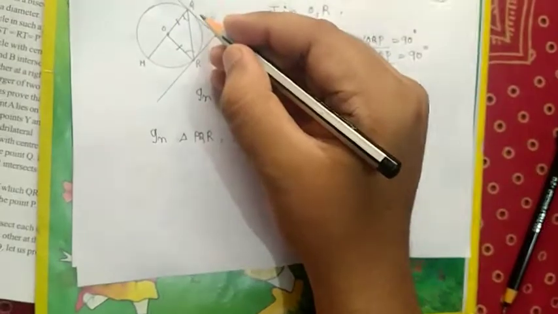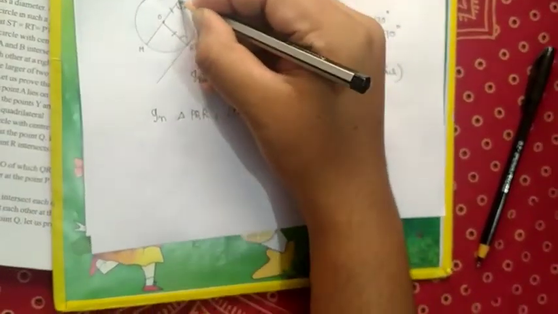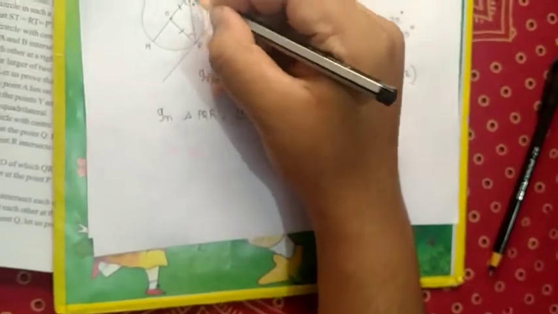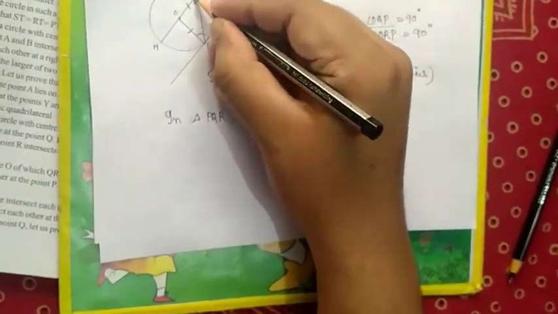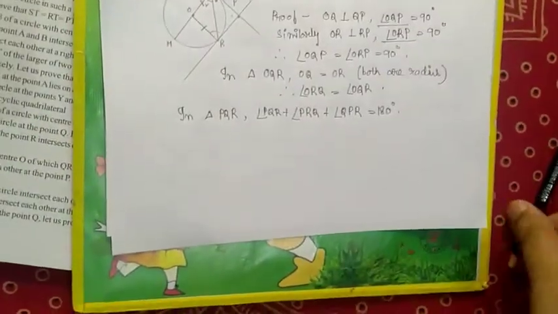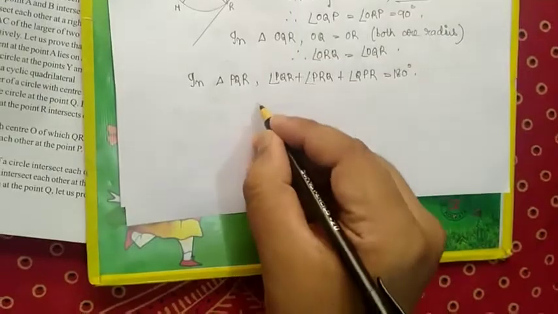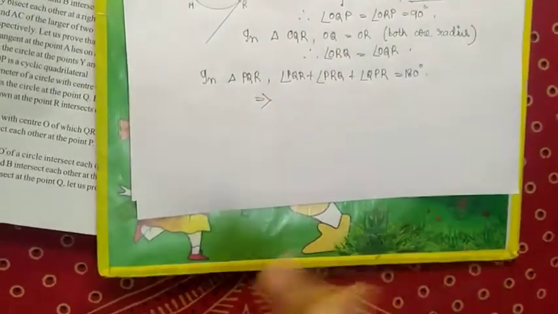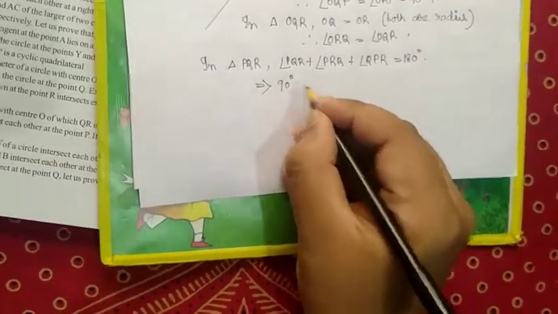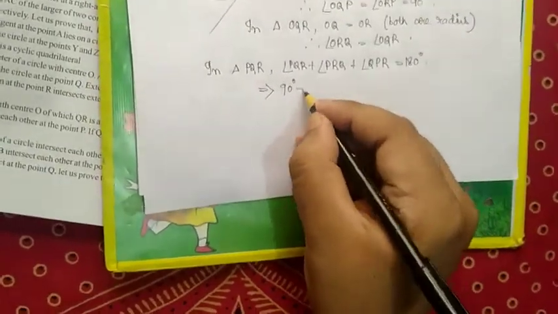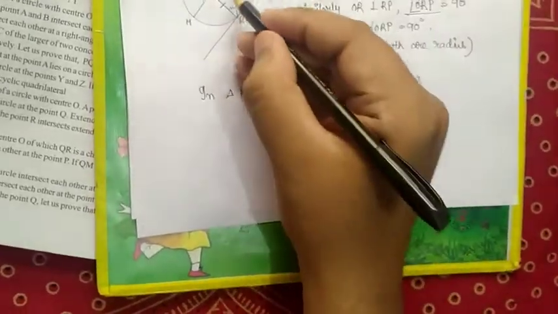I'll discuss once more. We have to find angle PQR. We know this whole angle is 90 degrees. There are two angles, so this angle equals 90 degrees minus this one. So we can write that angle PQR implies 90 degrees minus angle OQR.